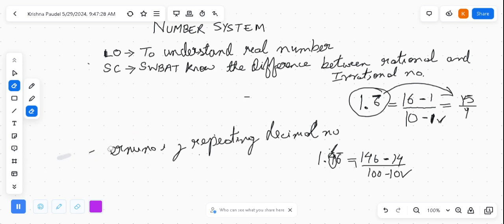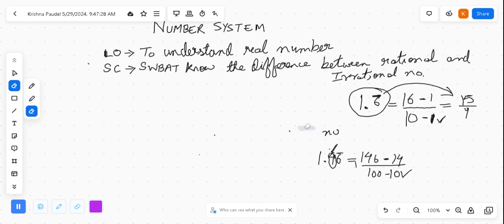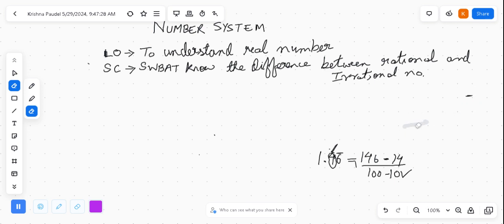So we have seen that any number which you can write as p by q is called a rational number. So all the natural numbers that we have learned, all the whole numbers, all the integers come under rational numbers. Now let's see what type of numbers are called irrational numbers.